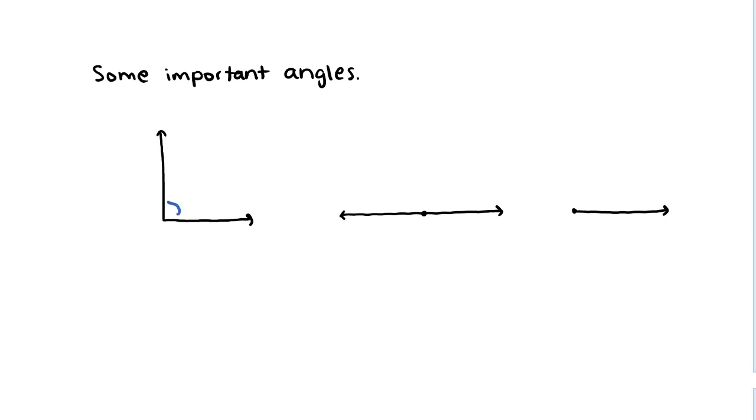So this is a 90-degree angle. Very similar is this 180-degree angle, where the terminal side ends up on the opposite end of the initial side. And then 360 degrees is if we take the initial side and rotate it all the way around, and have the terminal side end up in the same position as where we started.